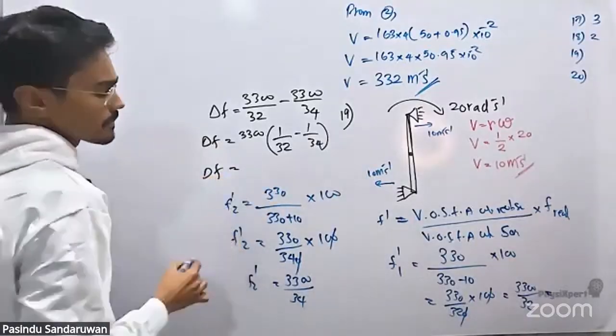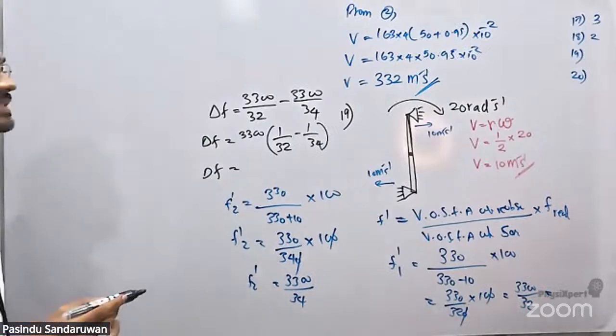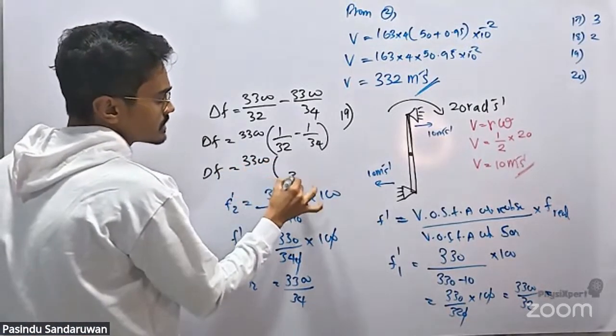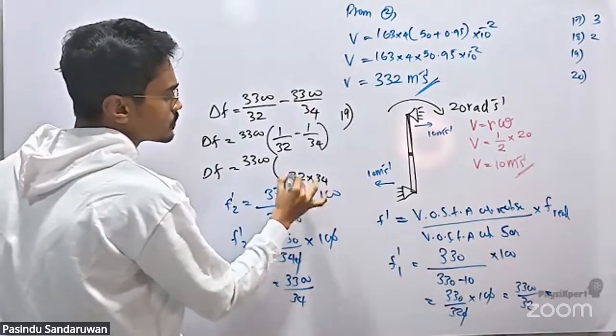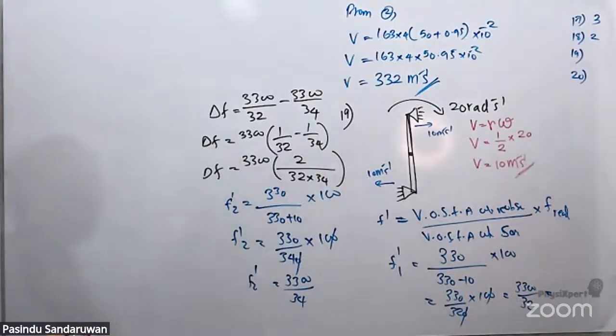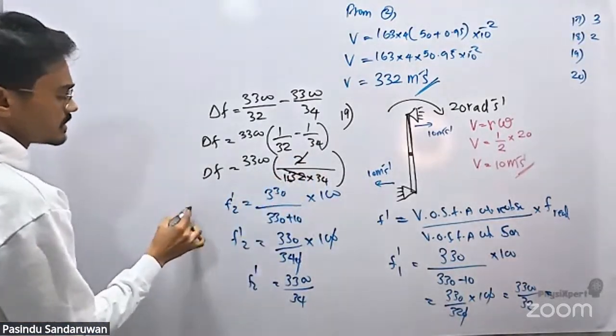It seems an approximate value is coming, right? This is 32 times 34, and here 2 comes, right? Then 2 times 16. Simplify.